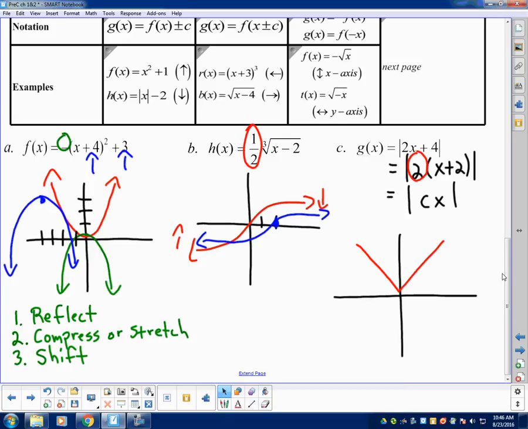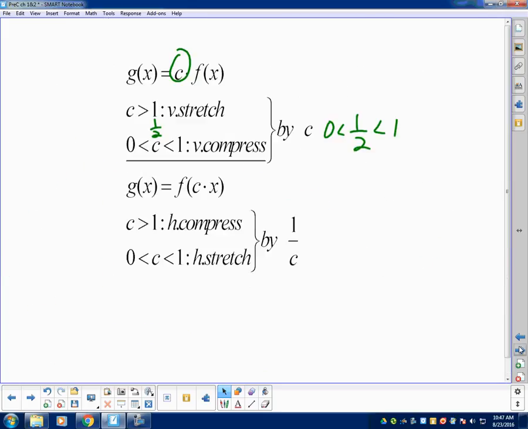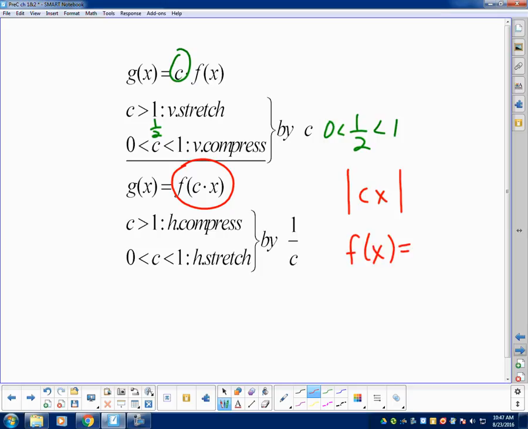Compression or stretching, that is happening here. There's a compression or stretch. Let's go to our other page here, or look at your table, it's right there, but I have absolute value of cx falls into this category right here, f of c times x. We have the cx inside the absolute value, where the parent graph is f of x equals absolute value of x.